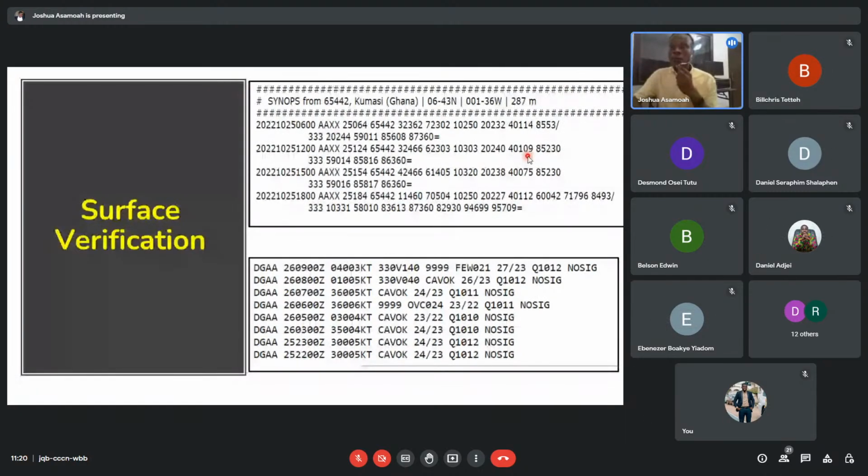And then there's a fifth group, but that will come later. But there's a sixth group and then a seventh group. The sixth group is actually used to tell the rainfall amount, and then the seventh group will tell you the kind of weather happening within the particular area you are considering. So for the sixth group, for Kumasi at 1800, we have 60042.